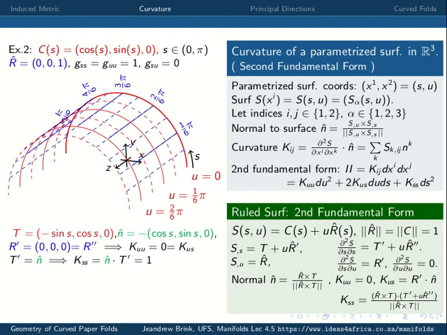Which is right, because this whole surface is dependent on the circle, which is a circle of radius 1. And the normal vector is simply pointing down towards the center of the circle. So that works consistently.